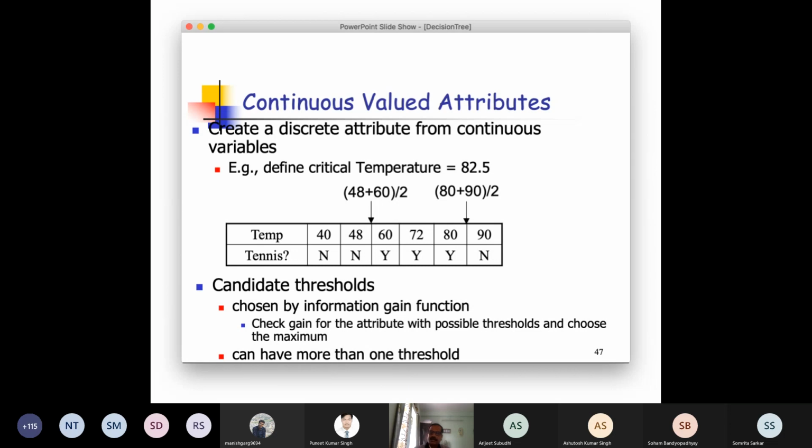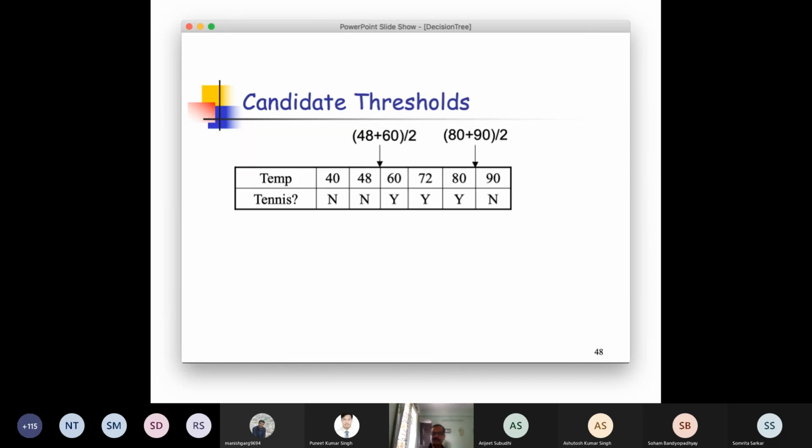So there also you can use information gain by choosing that level which is giving maximum information gain, or you can have more than one threshold and look at the information gain. Once again, as I mentioned, if you have too many attribute values, those would be preferred if you use information gain. So there would be other ways to handle that.